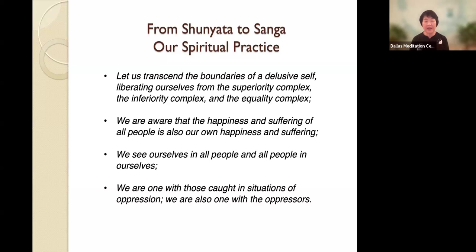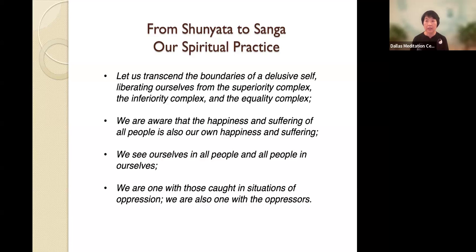And we talk about that we are aware of the happiness and sufferings of all people, and we are one with those caught in situations of oppression, and we are also one with the oppressors. It is easier to be said than to be done, right?